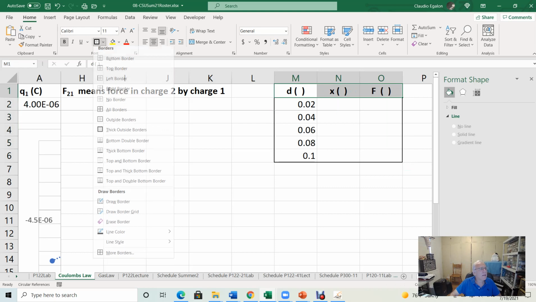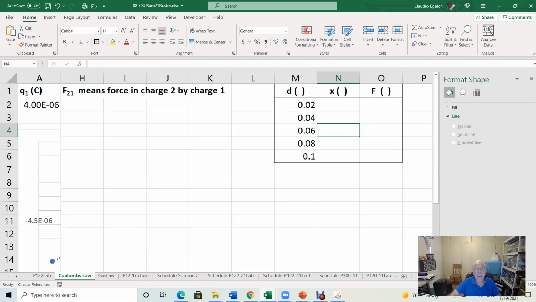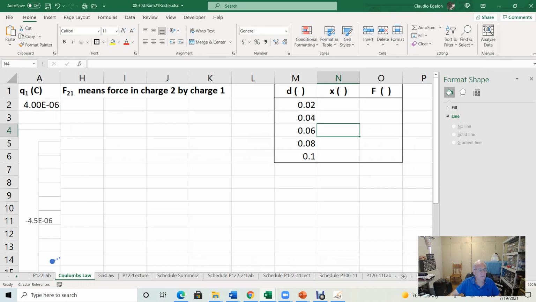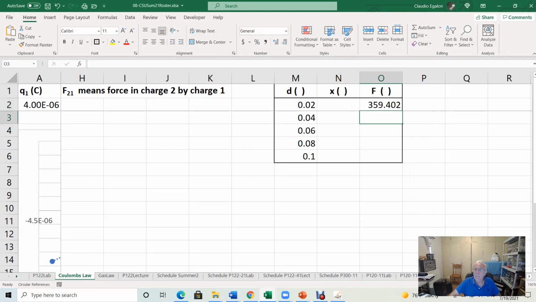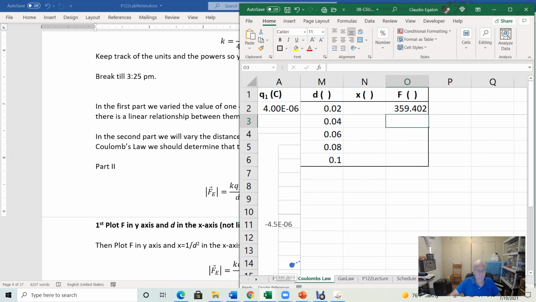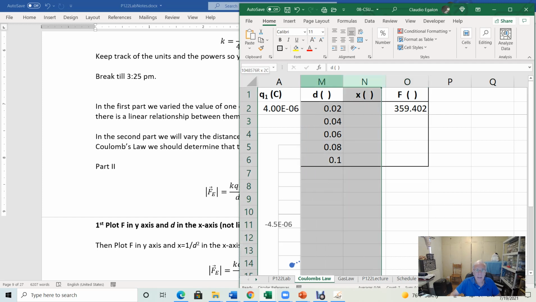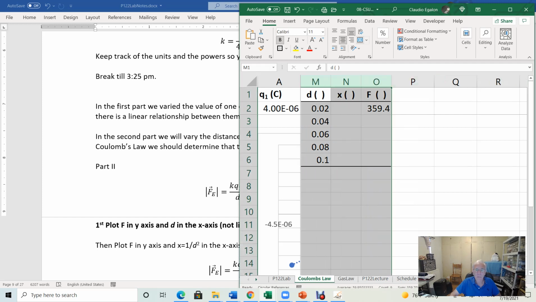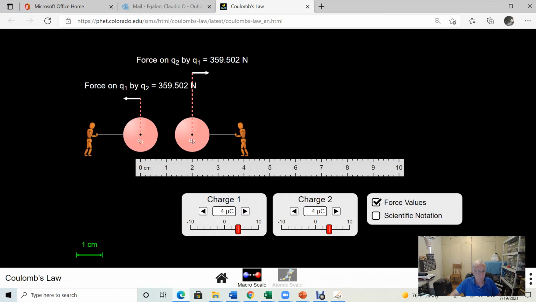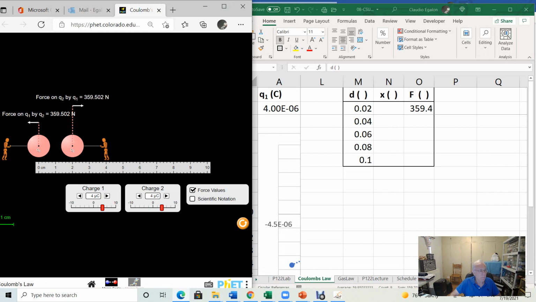What is the force? The force is 359.502. I want to shrink this table and share it with this simulation. We're going to increase the distance to 4 centimeters.